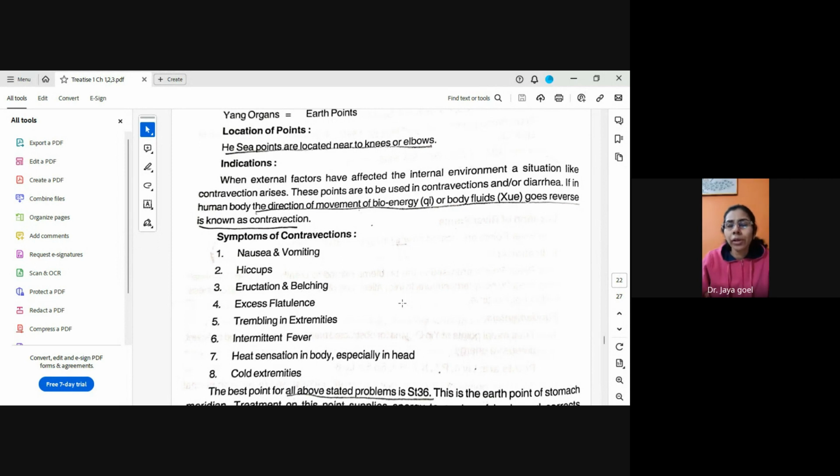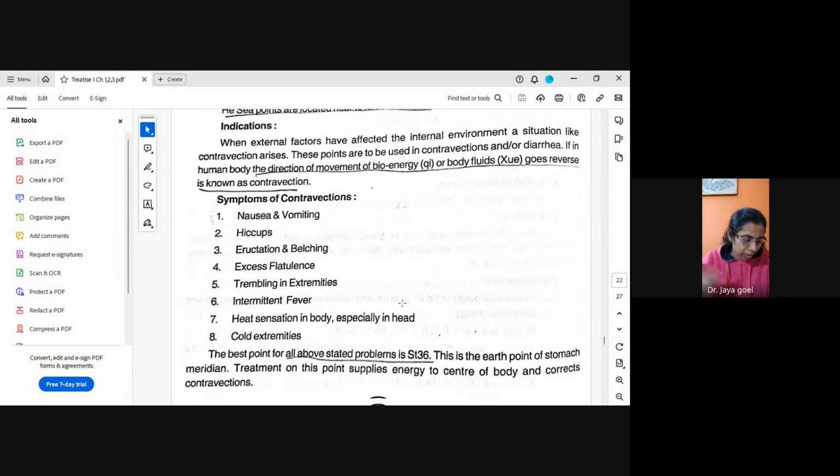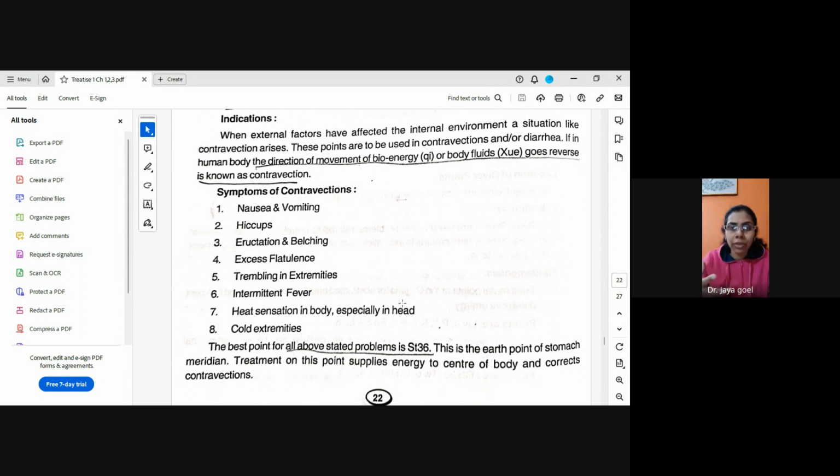Same way, belching, excessive thirst, intermittent fever, trembling of the hands, extremities keep on shaking.